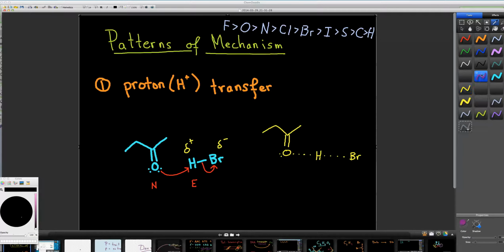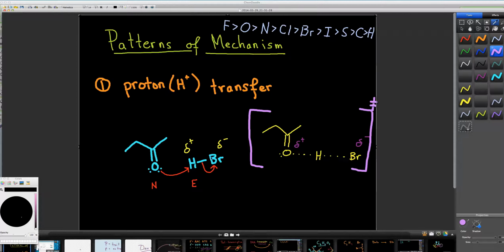And of course, the bromine has a partial negative charge, while the oxygen has a partial positive charge. So we typically will bracket this on our potential energy diagram, and we'll give it a superscript transition state.